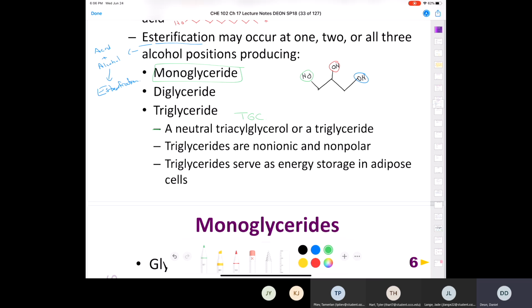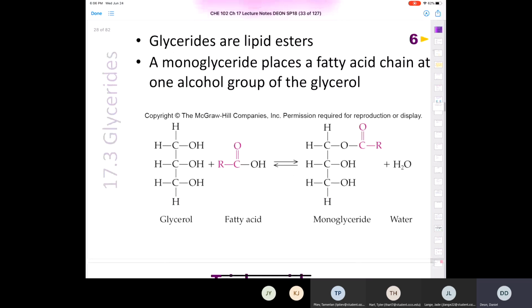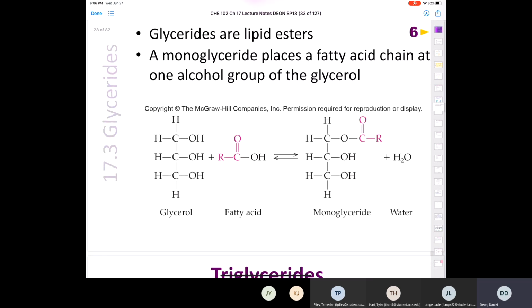Triglycerides are non-ionic and non-polar, and we will look at the structures that help us rationalize why TGCs are non-polar. It also says that TGCs serve as energy storage in fat cells, or what are known as adipose cells. Again, glycerides are lipid esters, so let's look closely at the formation of a monoglyceride.